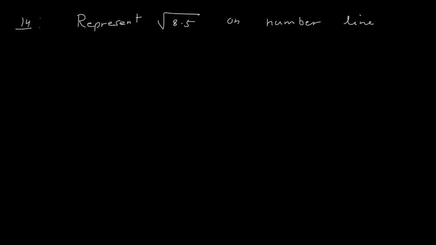Okay, so first we draw a line which is obviously greater than this 8.5. Then we take a point, say point A, and at a distance of 8.5 take another point B, and then from B take another point C, which is at a distance of 1 centimeter. This A to B is 8.5 centimeter.